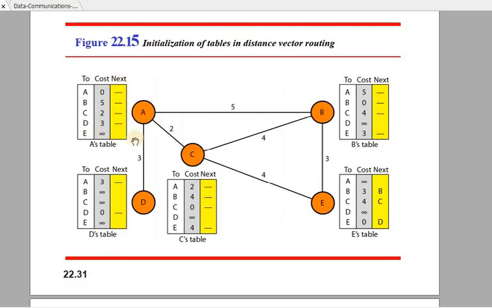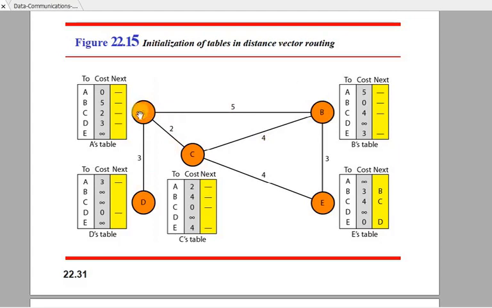If you look at this particular node A, it is directly linked with D, C and B. So we have the values 3, 2 and 5, because A can directly interact with these machines to get the cost associated with exchanging messages with them.